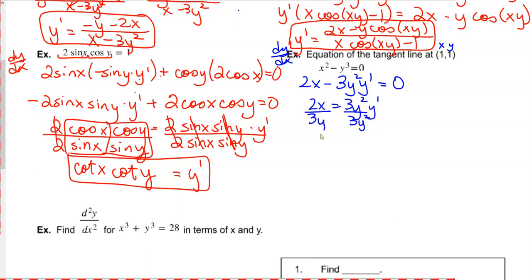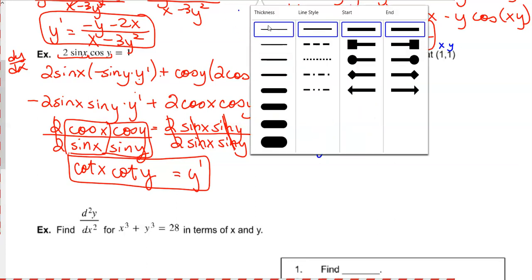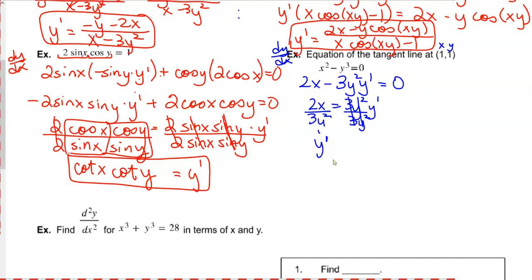So the 3's on the right-hand side go away, and the y squareds go away, and I'm just going to kind of reverse it back. So y prime is equal to 2x over 3y squared.